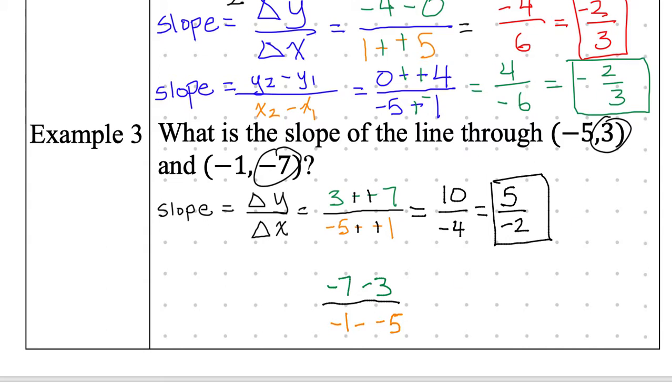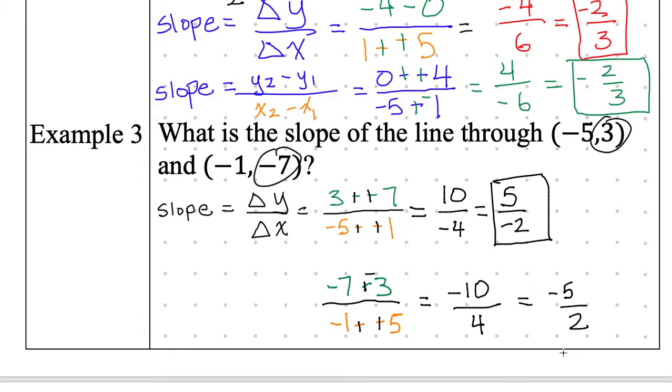If I do it this way, then I have to do a keep, change, change, and that turns into a negative 10 on the top, and on the bottom I have negative 1 plus 5, which is a positive 4, and that still turns into a negative 5 over 2.